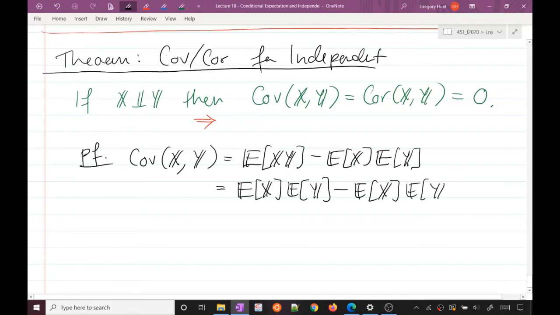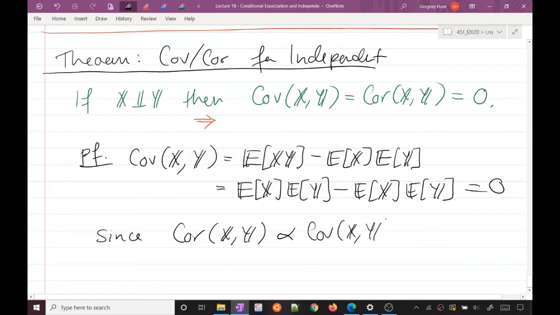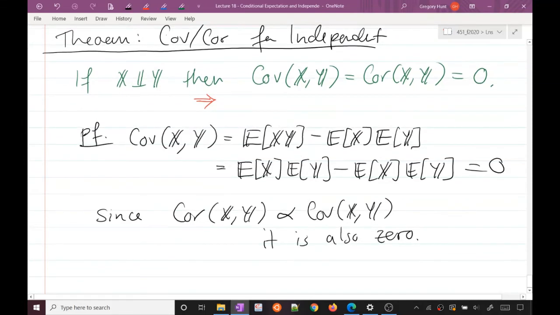And of course, that's 0 because it's a number minus itself. And since correlation of x and y is proportional to the covariance of x and y, it is also 0, right? Correlation is just a rescaled covariance, so it's also going to be 0.